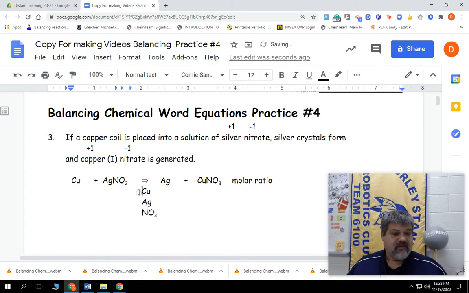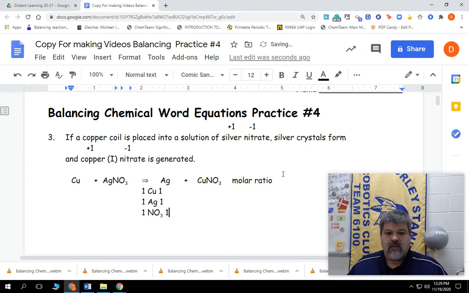How many coppers do I have on this side? I have 1. How many coppers on this side? 1. How many silvers on this side? We have 1. How many silvers on this side? We have 1. Nitrates on this side, right there, 1. And how many nitrates on this side? Only 1. We have everything.